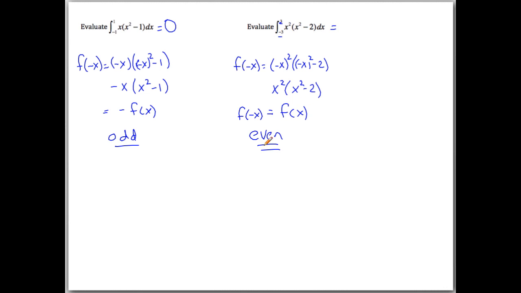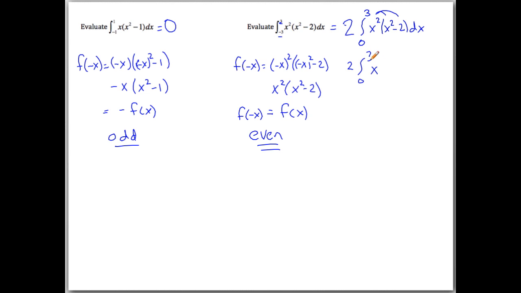Okay, so because it's even, we can rewrite this as 2 times the integral from 0 to 3. Because it was symmetrical, we can just go from 0 to 3 of x squared times x squared minus 2 dx. Now looking at this, we don't have a u substitution, so let's just go ahead and distribute the x squared here.